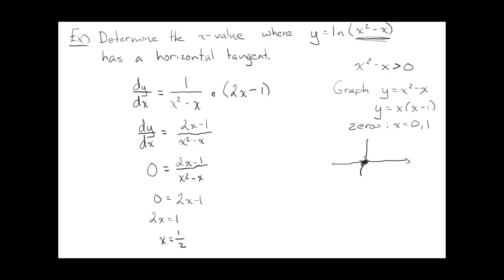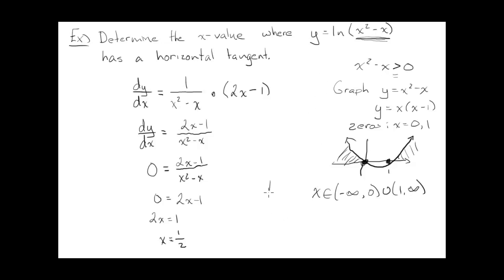There's a 0 at 0, there's a 0 at 1. This is a quadratic facing up, so it looks like this. So the question was, when is this positive? Right? When is it greater than 0? So that would be over here and over here, which means x must be an element of minus infinity to 0, or 1 to infinity, which will end up being the domain of this function.